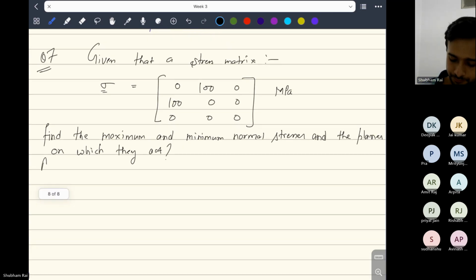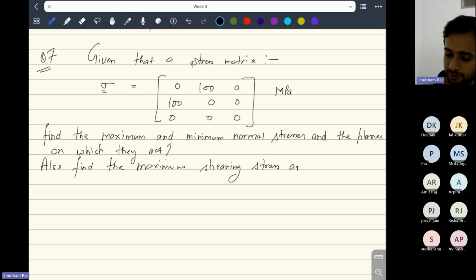Also, you have to find the maximum shearing stress and the plane on which it acts.